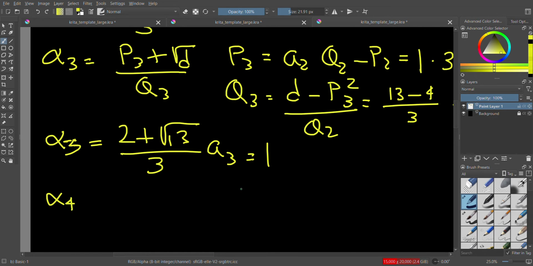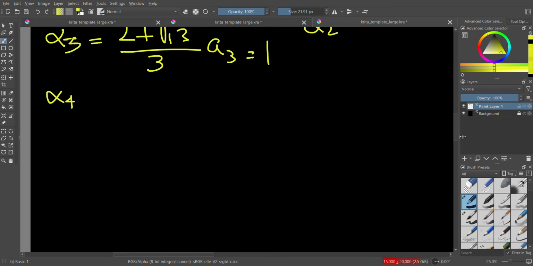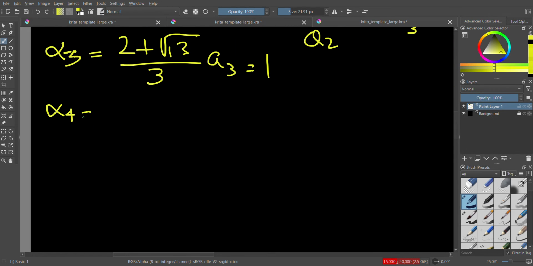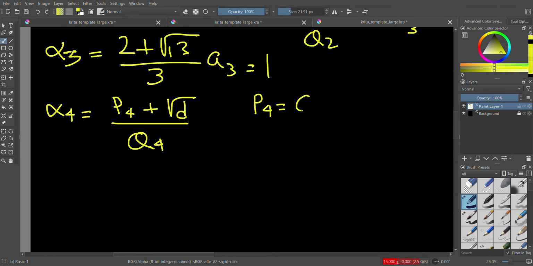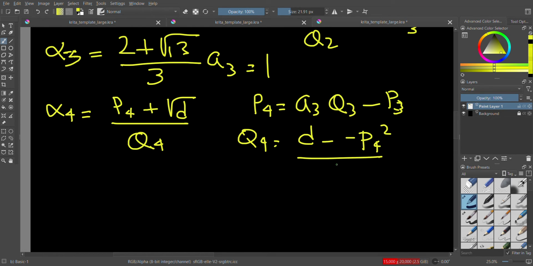Okay, so now let's do alpha sub 4. Again, I just write it out. I don't leave it to chance, so that I don't get any one of these wrong, I'll just write it out. Q4 is D minus P4 squared over Q3.